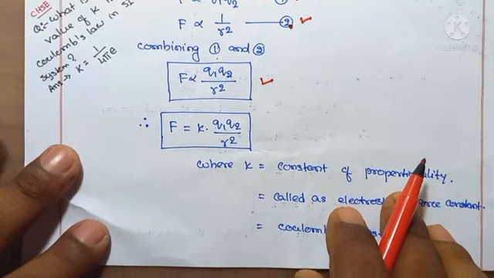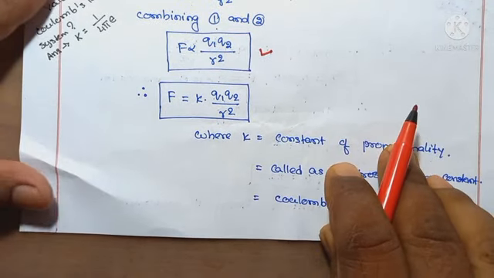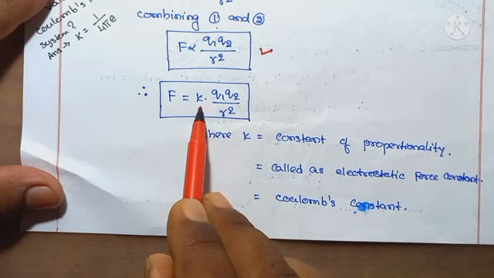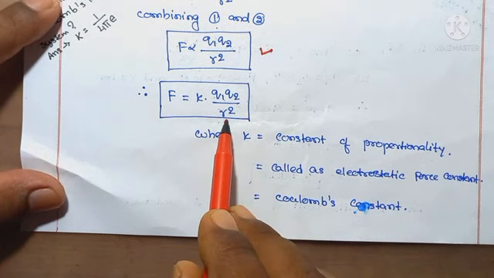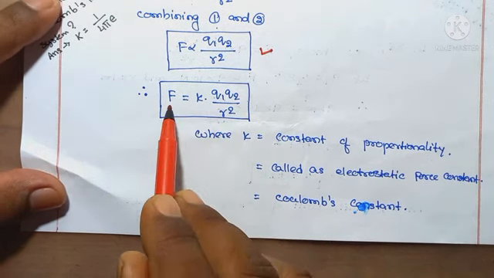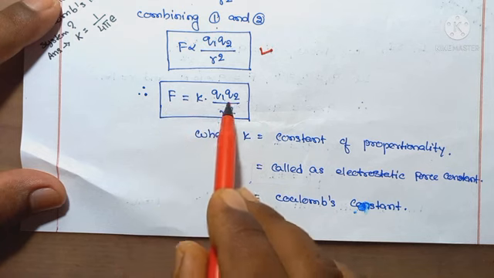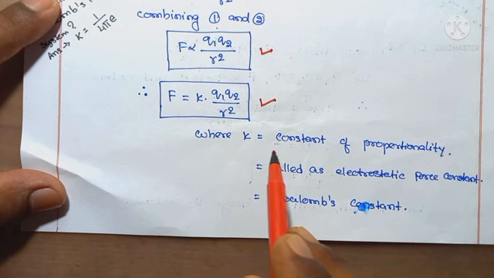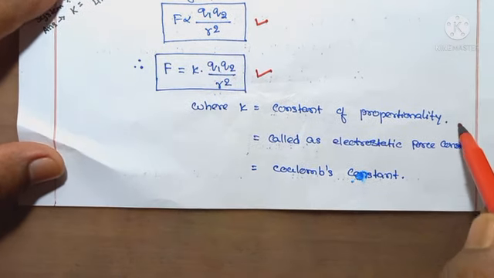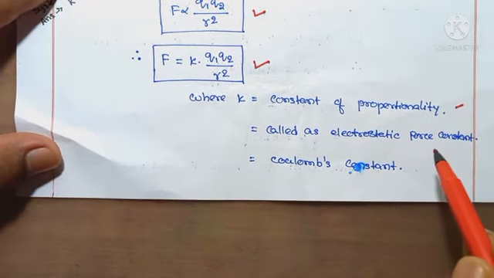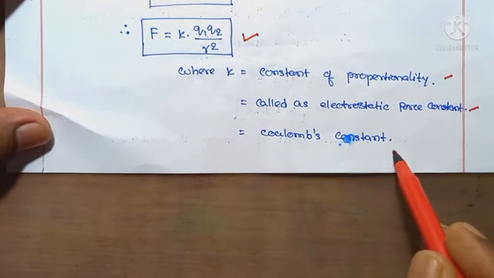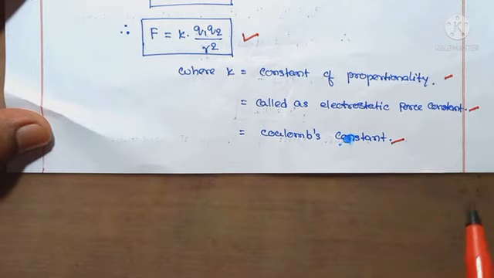So we have to multiply by some constant to make both sides equal. So we multiply k with Q1 Q2 by r square. Therefore F is equal to k times Q1 Q2 by r square. What is k? This k is called the constant of proportionality. This is also known as the electrostatic force constant. This is also called Coulomb's constant.